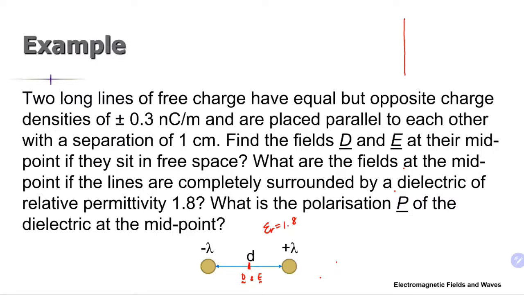So the best Gaussian surface to draw for this will be a cylinder of radius r, let's say with a length L. Based on Gauss's law, the flux is equal to the charge enclosed, and the charge given is per unit length, which is the density.